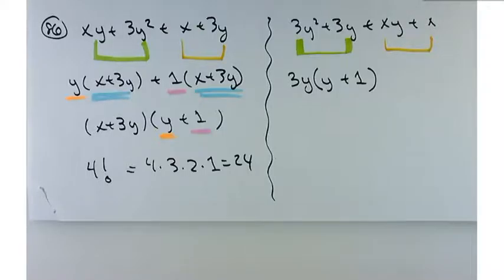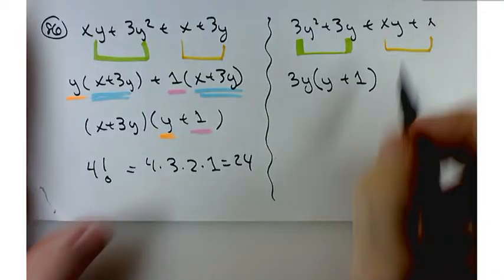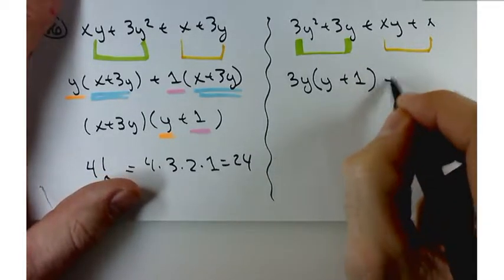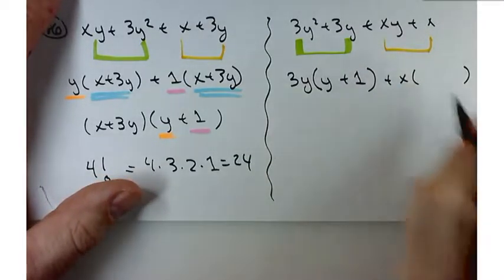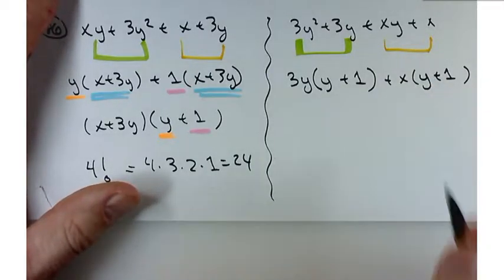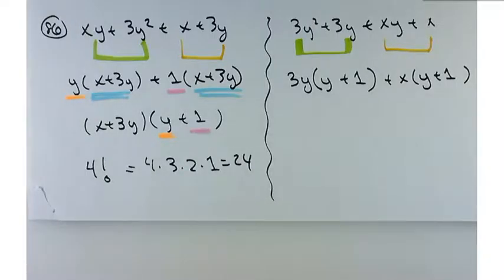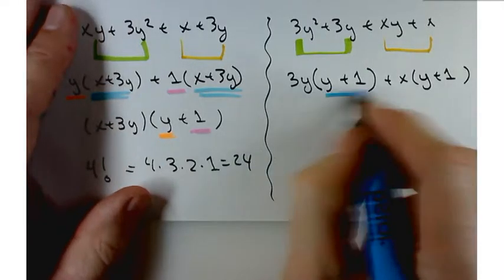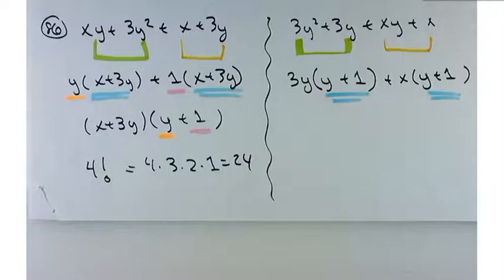Elizabeth, how about the next term? Is there anything in common to these two? All right, so I'll factor out an x, and that leaves behind y plus 1. And isn't that special? These two terms match. So I'll factor that out.